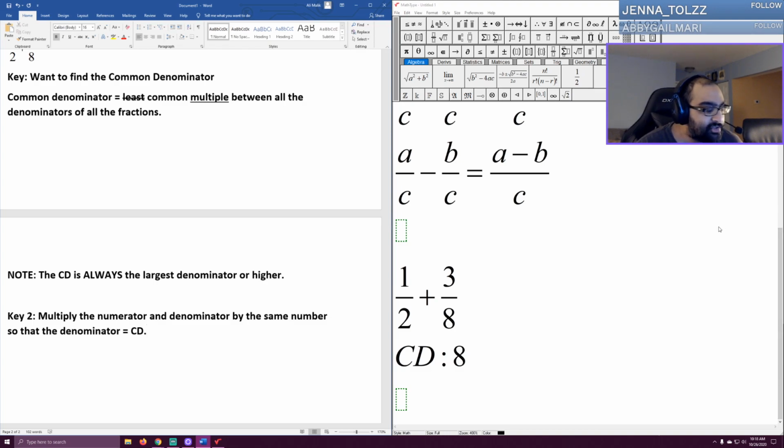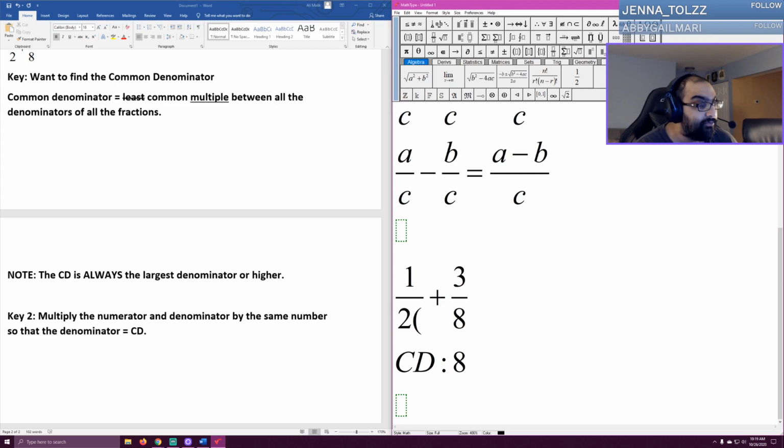So again, one of the things that we talked about in algebra is that algebra always comes around in the word of balance. So balance here is going to play another role. Again, here we have 1/2. So we go with 1/2. Well, what do we have to multiply this 2 by in order to get 8, if that's our common denominator?